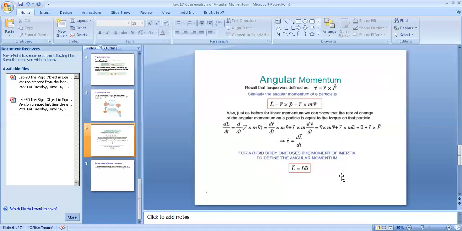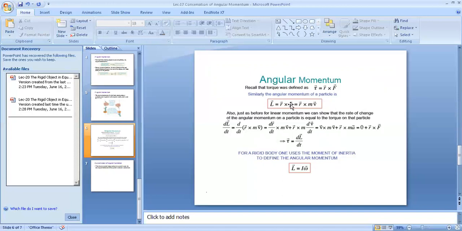Summing up all our previous discussion, we can say that torque can be expressed as the cross product of two vectors. One is the position vector r, the other is the net force vector F. So angular momentum can be defined in terms of the translational or linear momentum as L is equal to r cross p.